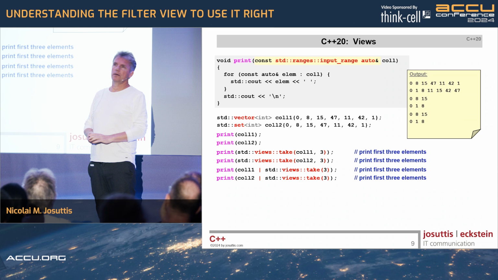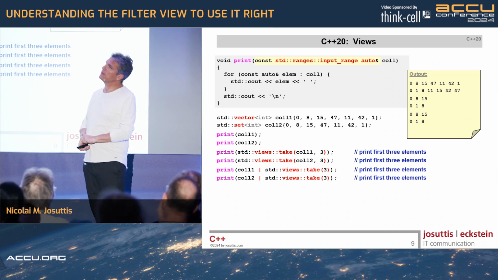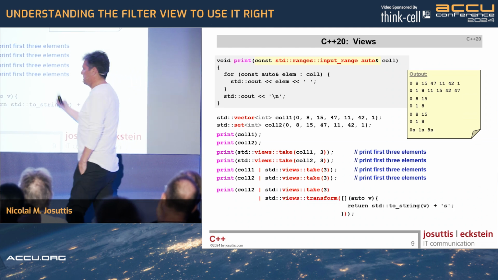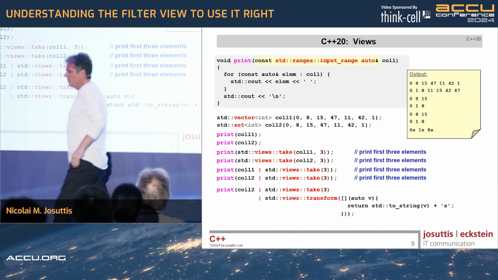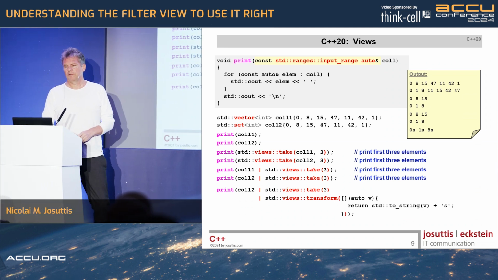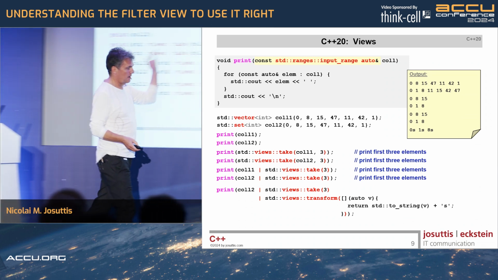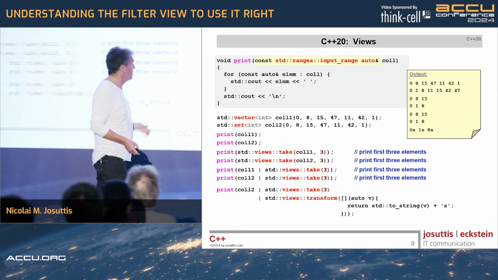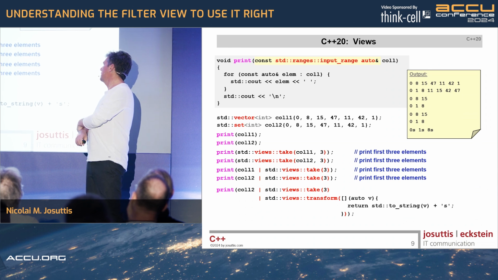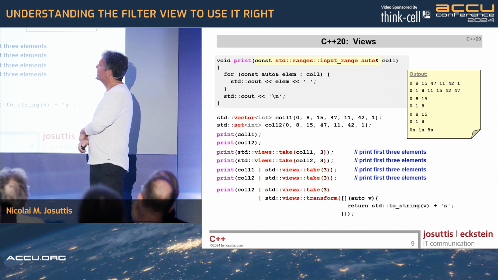This looks like Unix pipes, but it's significantly different from that. We will come to that in a moment. So we pipe this into a take view, and we can further pipe this into a transform view, taking the value and saying, let's convert it to a string and append an S. And as you see, the print function will now print the first 3 elements of this collection as a string with an S behind. Good.